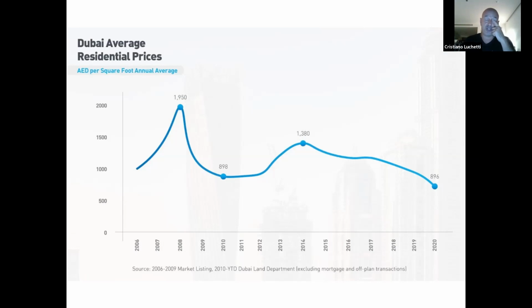Now, we need to look at what's going on in Dubai, of course. These are the Dubai average residential prices. As you can see, there was a very high peak in 2008, and then the crisis of 2009, 2010 brought them really low, and then they went up to 2014 because of the idea that in 2020 there was going to be an Expo.